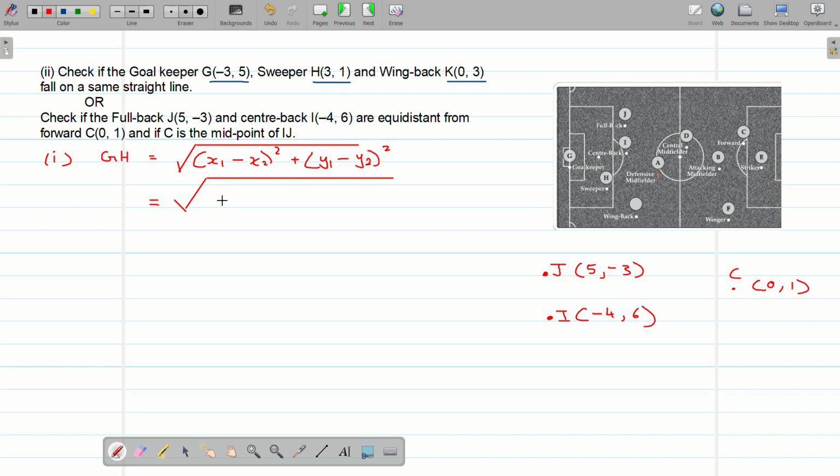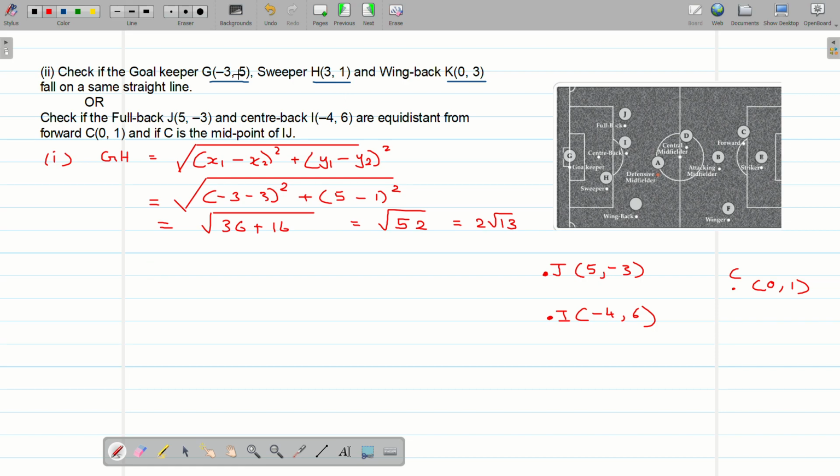So (minus 3 minus 3) the whole square plus (5 minus 1) the whole square, that is equal to square root of minus 6 square is plus 36, 36 plus 4 square, that is 16, that is equal to square root of 52, 2 square root of 13.